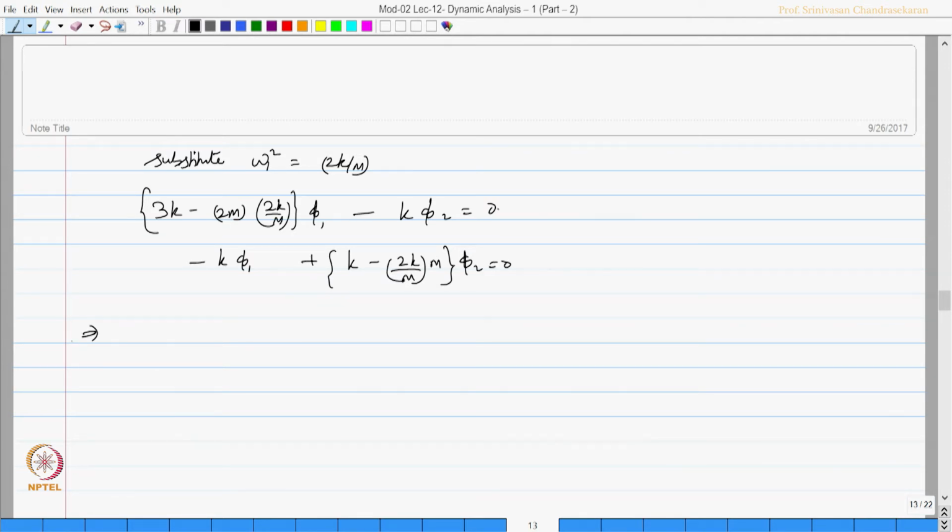Simplifying, I get minus k phi 1 minus k phi 2 is 0.